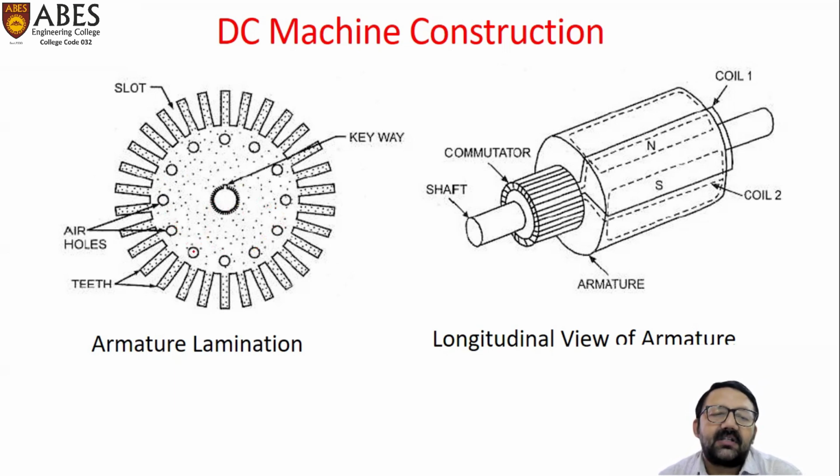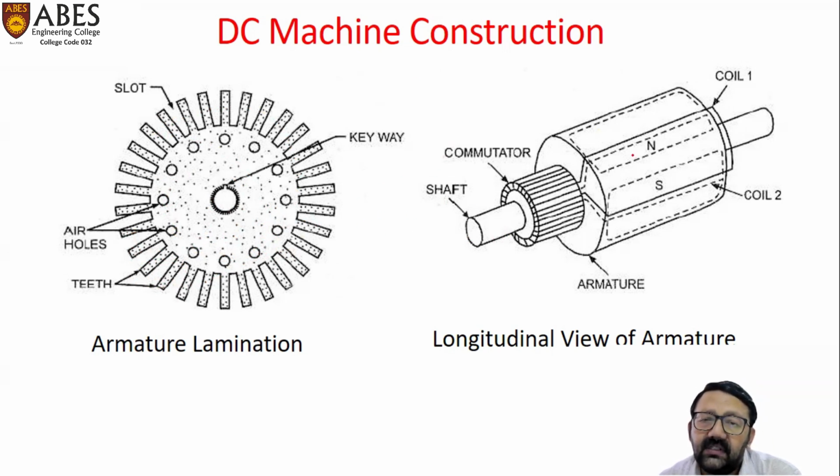When the entire armature core is prepared, across these outer slots we place armature windings. These armature windings are in the form of coils, and in each coil two conductors are connected together. Both the start end and finish end of all the armature coils are connected to the commutator.